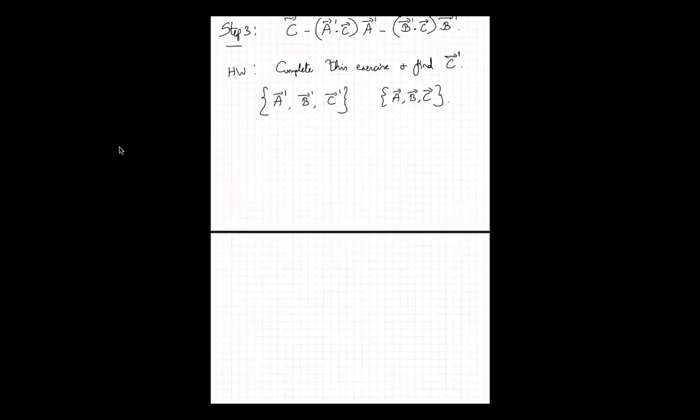So instead of using 1 0 0, 0 1 0, 0 0 1, I can also use A prime, B prime, C prime, which are mutually orthogonal to each other and normalized to unity.